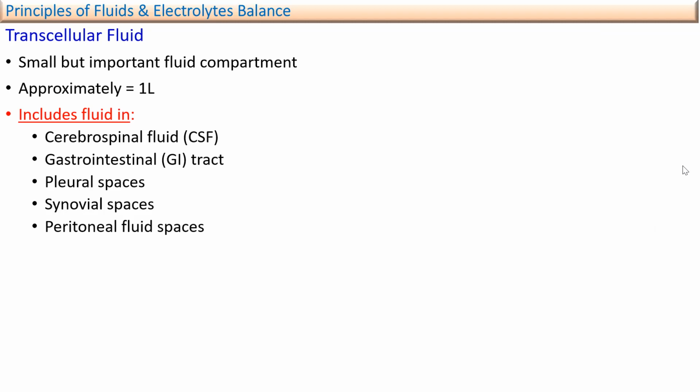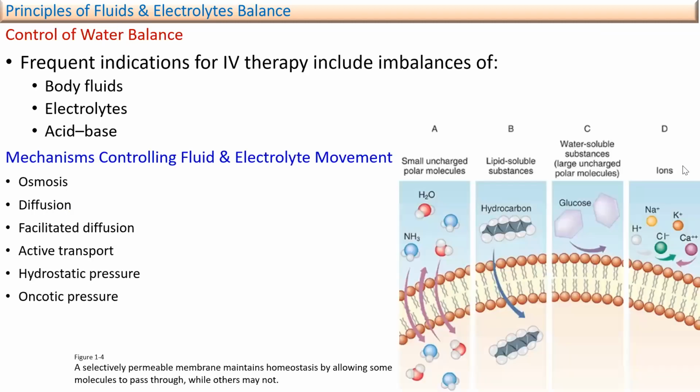And the fluid will be present in places like the CSF, cerebrospinal fluid, the GI tract, fluids in the pleural space lining around the lungs, a small amount in the joints as synovial fluids, and in the abdomen as peritoneal fluid as well. So these are the 4 or 5 main places in which the transcellular fluids will be present, and they account for a very small percentage of the body weight. It's about 1,000 ml total.